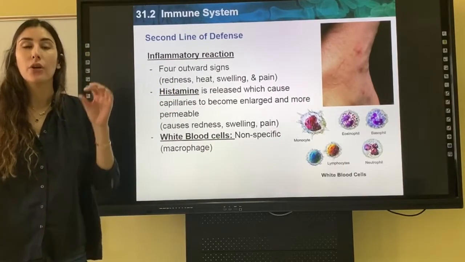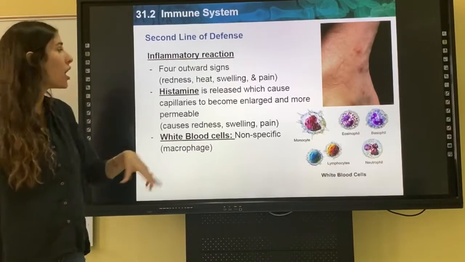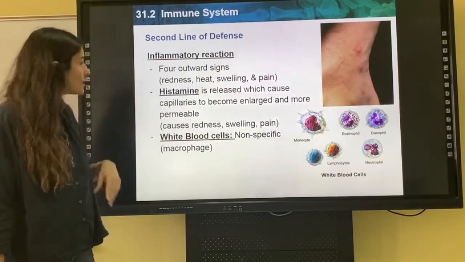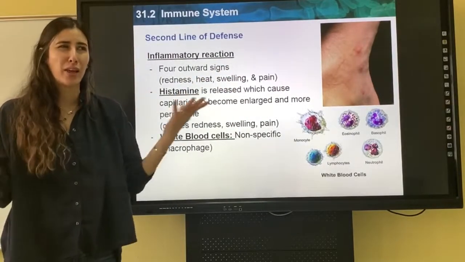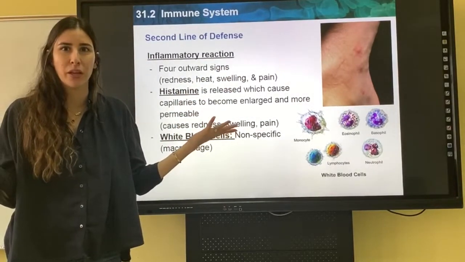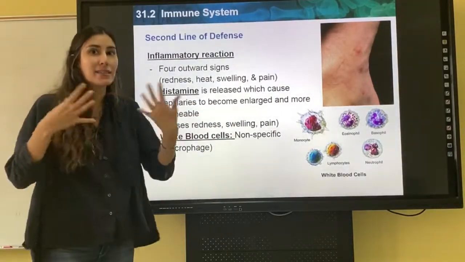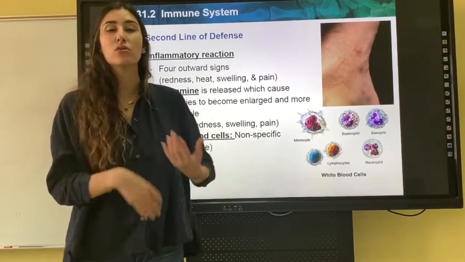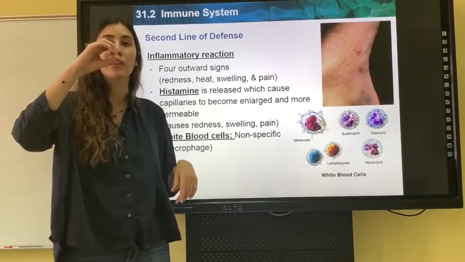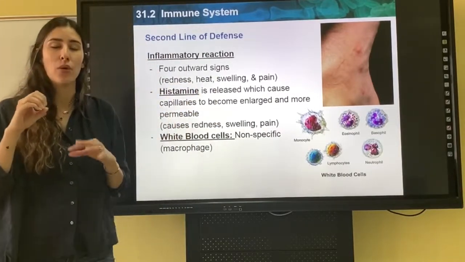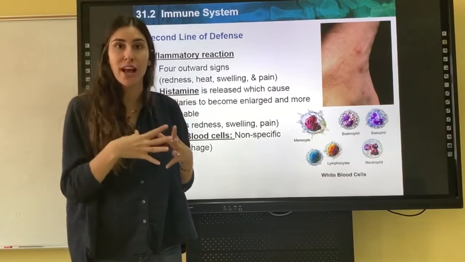Basically, your body releases a specific chemical known as histamine, which causes all of these things. Histamine causes redness, heat, swelling, and pain. You might think, why is my body trying to torture me? But the reason it's doing that is because as it's causing these symptoms, it's also causing other things to happen, such as your capillaries, your blood vessels, becoming enlarged to allow the white blood cells to come to the area where you have a cut, in order to help heal it faster.